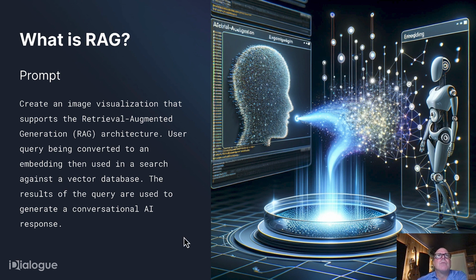So what is RAG? I actually posed this question to DALL-E to create an image visualization that supports the RAG architecture, a user query being converted to an embedding, and it actually is pretty good. We have two humanoid-like entities, the entity on the left being the user, and what they are saying.